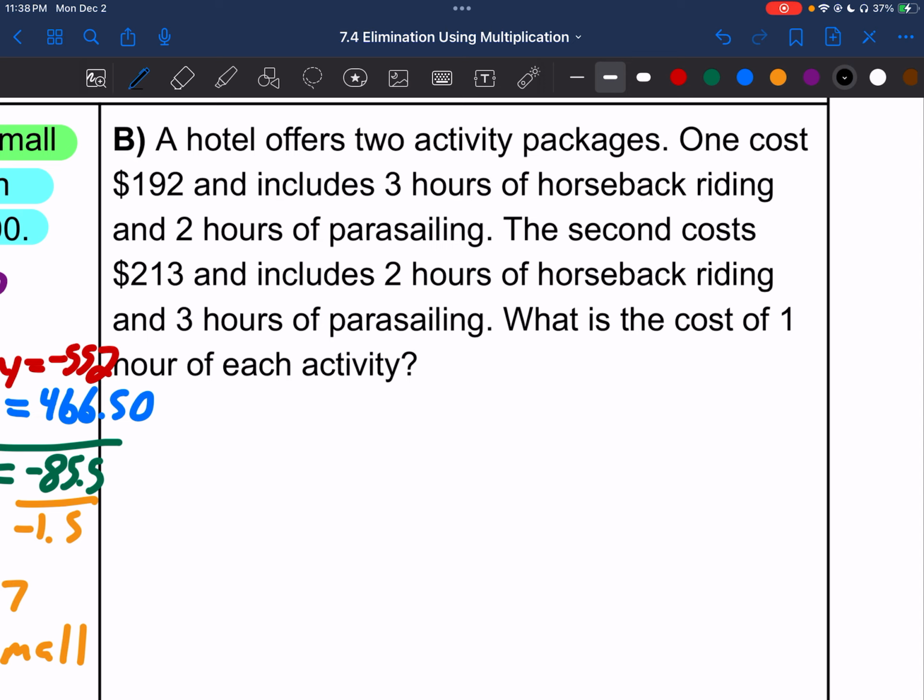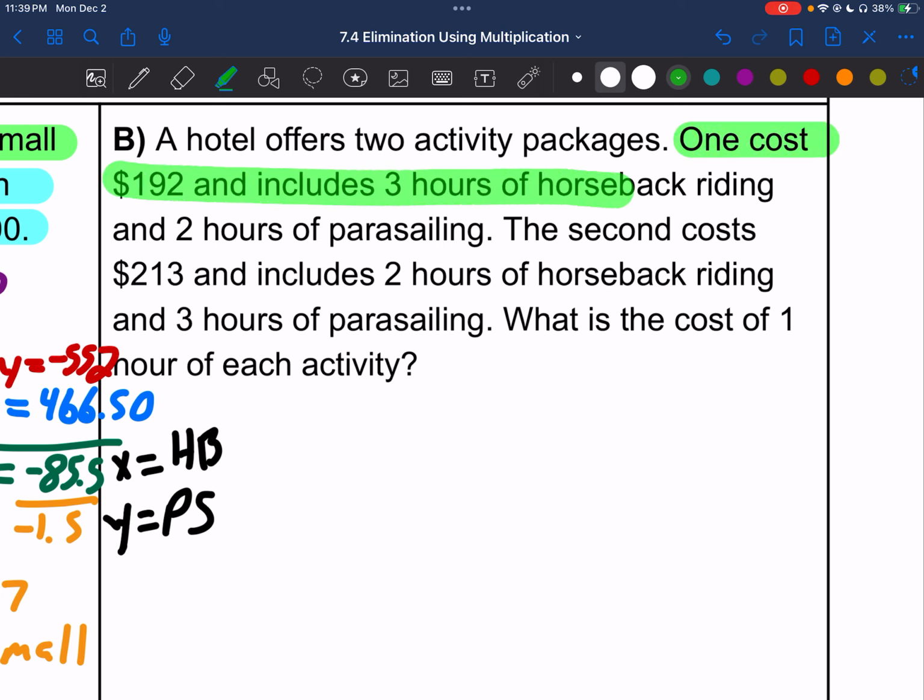All right, for this one, we want to solve for both. So we're going to say X is going to be horseback, Y is parasailing, not paragliding. HB and PS. All right, now let's look at our equations and let's kind of stitch this together. Two activity packages. One cost is $192 and has 3 hours horseback, 2 hours parasailing.